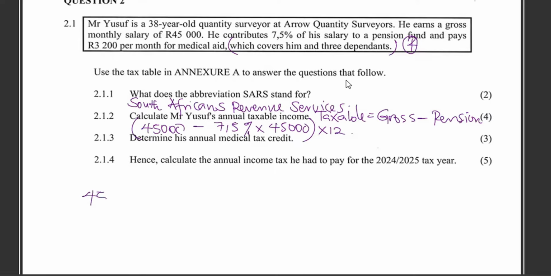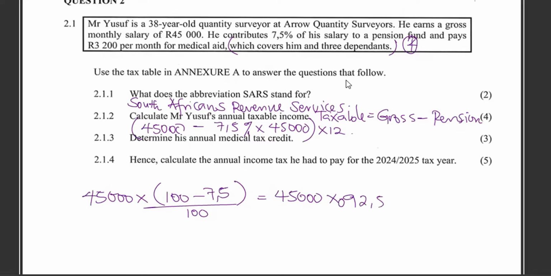So you could say 45,000 times (100 minus 7.5) divided by 100, because we're dealing with percentages. So this would be 45,000 times 92.5 divided by 100.